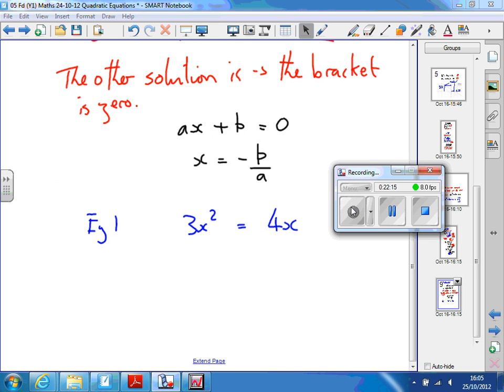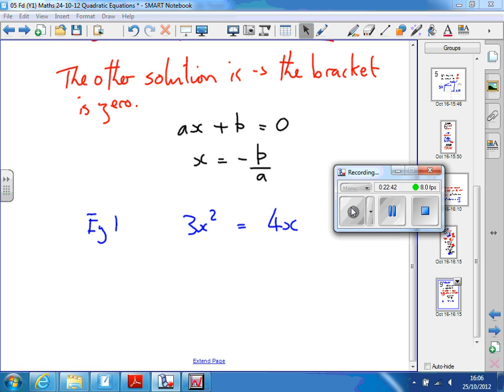Example, 3x squared equals 4x. So to solve this, what's the first thing I do? Yeah, you'd think that, wouldn't you? But do you remember what we said right at the beginning? What must the right-hand side be? Yes, I've got to make the right-hand side 0.